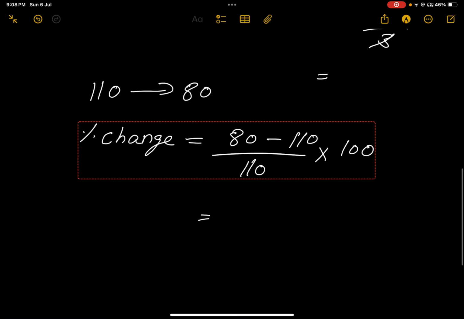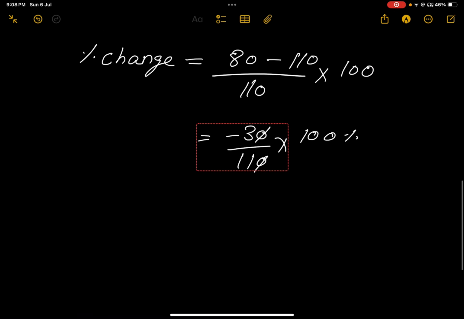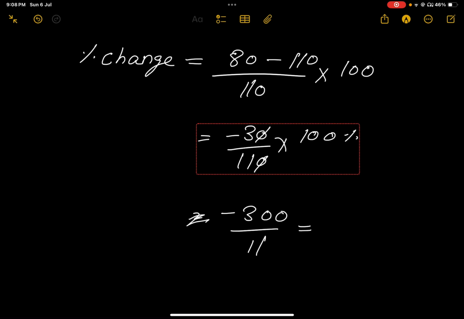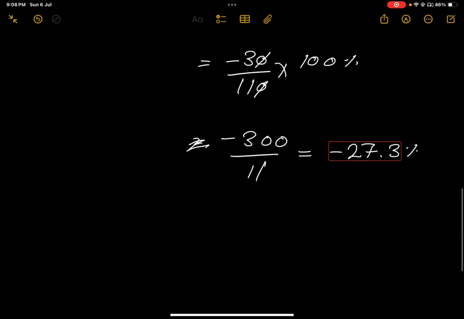So this is minus 30 by 110 into 100. If we calculate this, we will get 300 by 11. If we use the calculator here, we get minus 27.3 percentage. This is called the percentage in change.